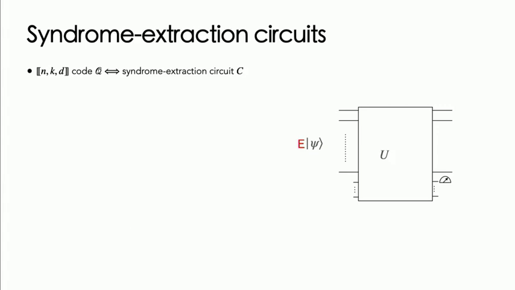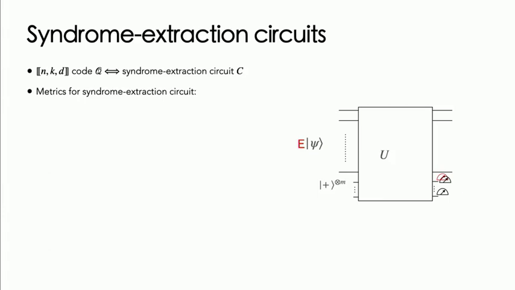It's afflicted by some error E. And what we're going to do is perform some Clifford circuit U. And this circuit U is going to take, in addition to the input state, some ancilla states here indicated in plus. And if there is an error, it's going to be detected by these syndrome measurements.